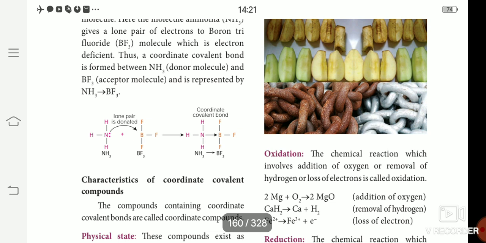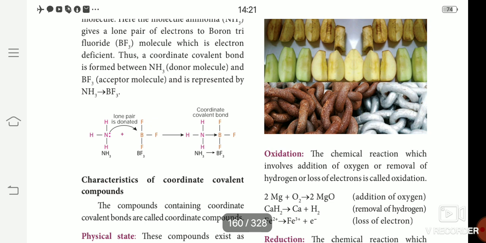In the oxidation reaction there is addition of oxygen. Oxidation reaction has three points: addition of oxygen, removal of hydrogen and loss of electron. The first reaction is magnesium, symbol Mg.